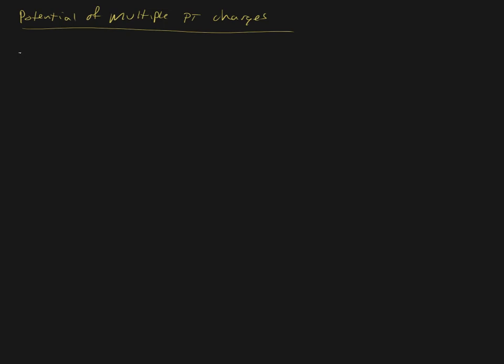Okay, so how do we find the potential of multiple point charges? Well, basically we're going to use superposition, and I use that term very loosely because superposition is how we add up vectors from multiple charges, and we're dealing with scalar quantities here, so it's not technically superposition.